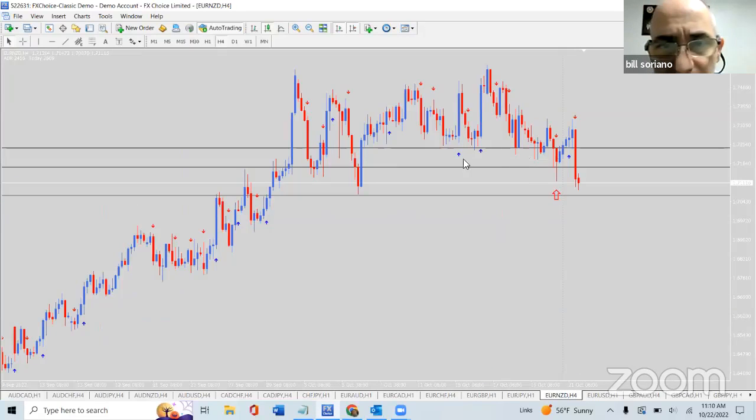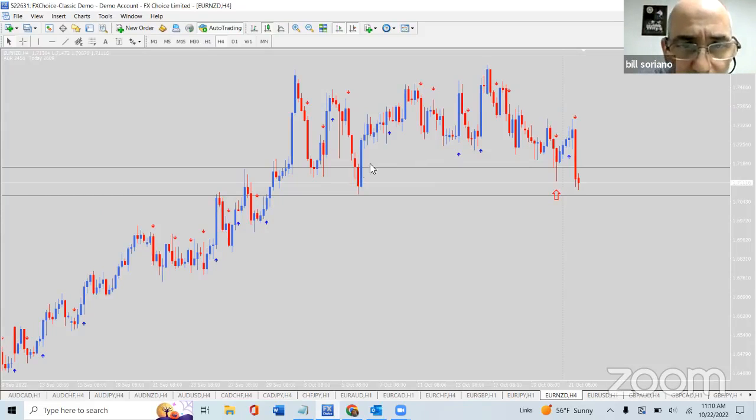So let me look at this one more time here. This is our candle right here. Let me just get rid of this right here because that's not there. Here's our 4-hour candle right here. So again, here's where price comes down.